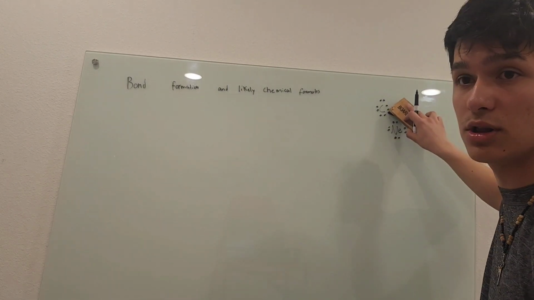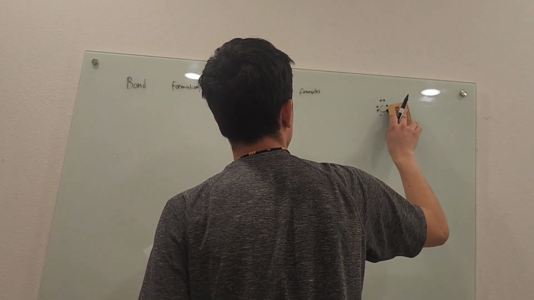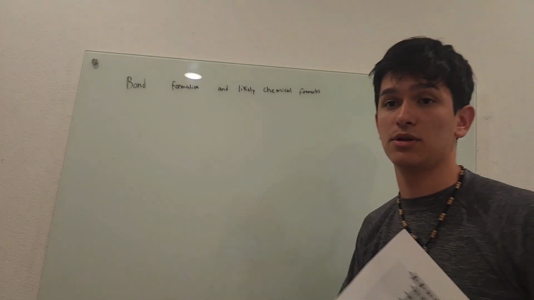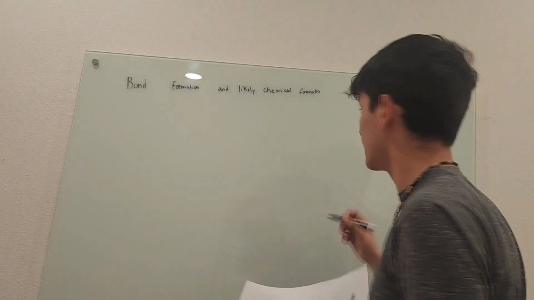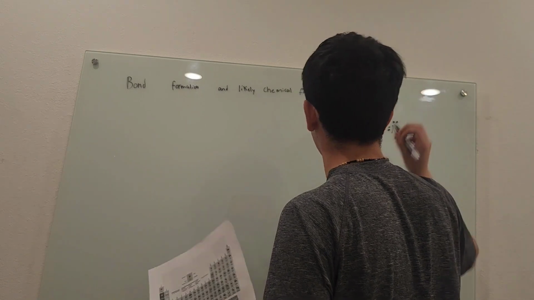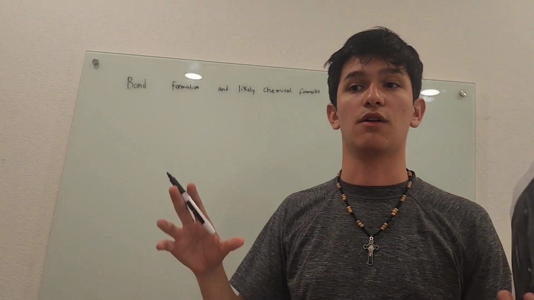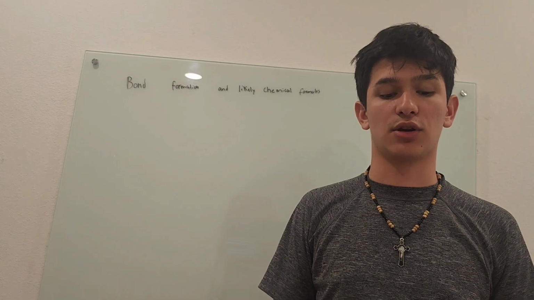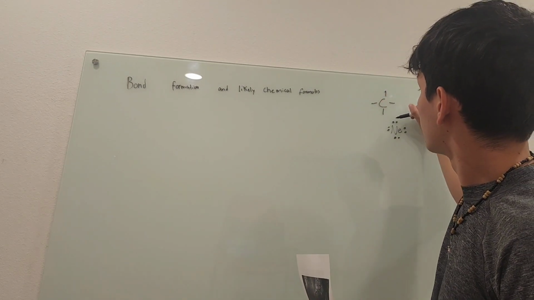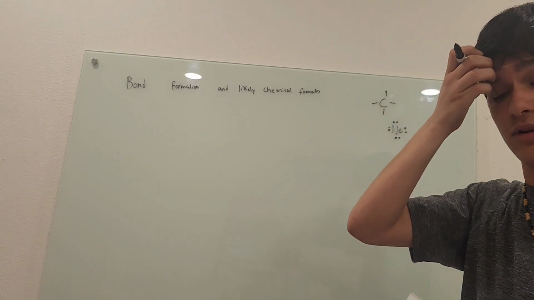Well, carbon only has 4 valence electrons in its outermost shell, right? So carbon likes to make 4 bonds, because covalent bonds is the sharing of electrons, right? So carbon has 4 electrons in its outermost shell, so it likes to make 4 bonds.